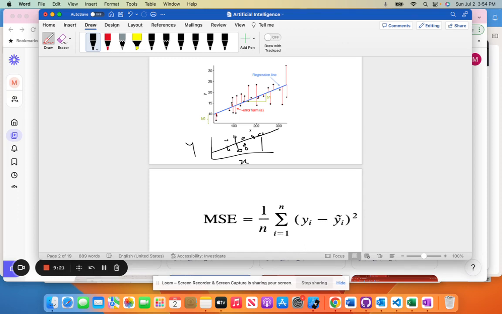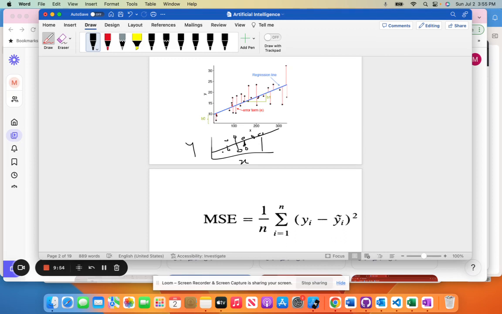It could be the price of anything, or any continuous value, a number value. This point is away from this line, and also this point is away from this line. Why are these points away from our line? Because there is some kind of error.